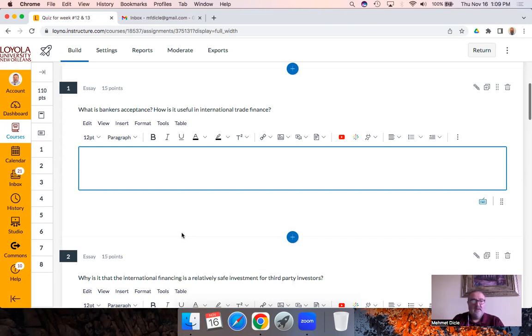So the idea behind the banker's acceptance is that the importer or the exporter can use this document because it shows that the letter of credit requirements have been fulfilled and there are no pending conditions to the payment. The payment will be due or is due, and through the banker's acceptance, the importer or exporter can actually start looking for financing. So that's why it's useful.